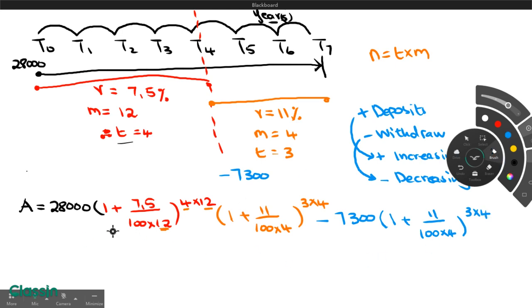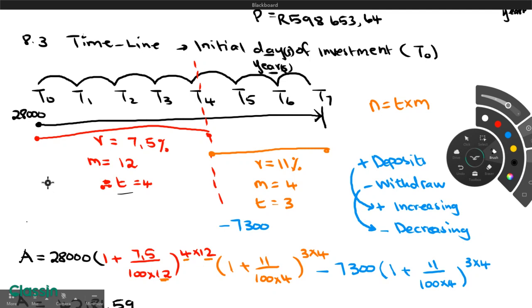Now, from there, it means that the value of A is going to be, when you press this on a calculator, you will get 42,181 rand and 59 cents. So this is the amount of money that this person will get at the end of the 7th year. Okay, which is our 8.3.